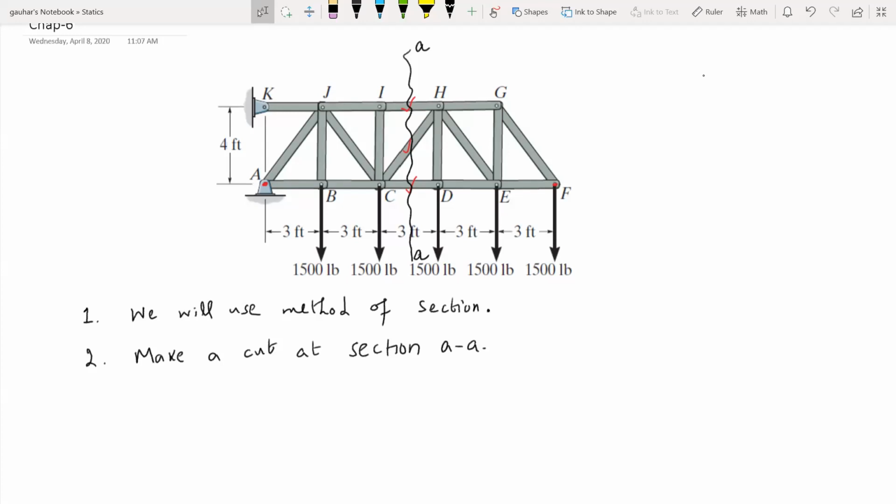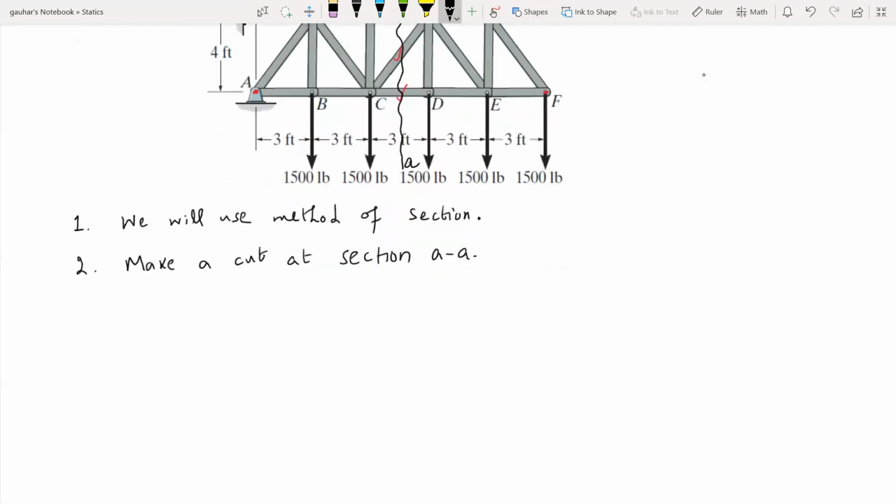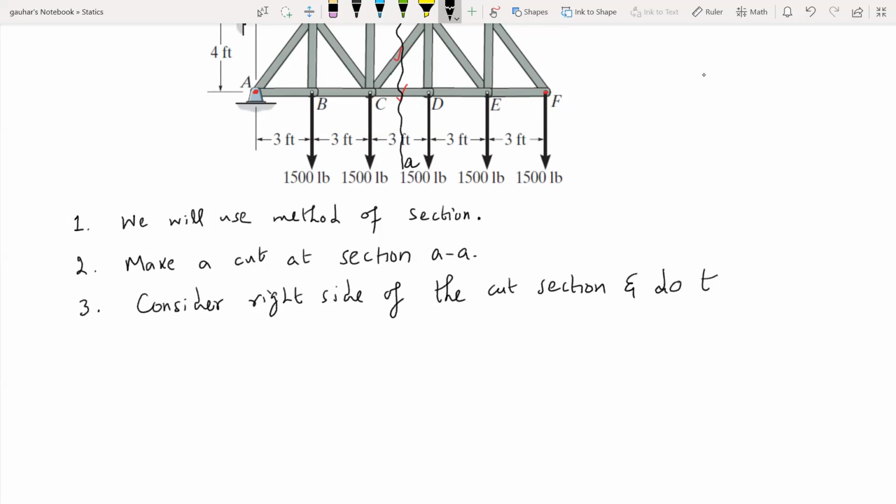Once we decided we are going to take the right side, let's write that. Consider the right side of the cut section and do the force analysis.